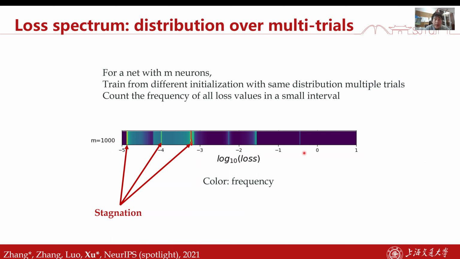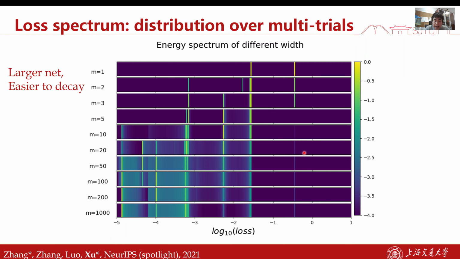And now we can combine all the networks together, and we can get this complete loss spectrum. So we know that there's a bright curve around here for all the networks, meaning they have a similar plateau here. But for smaller networks, this is brighter.